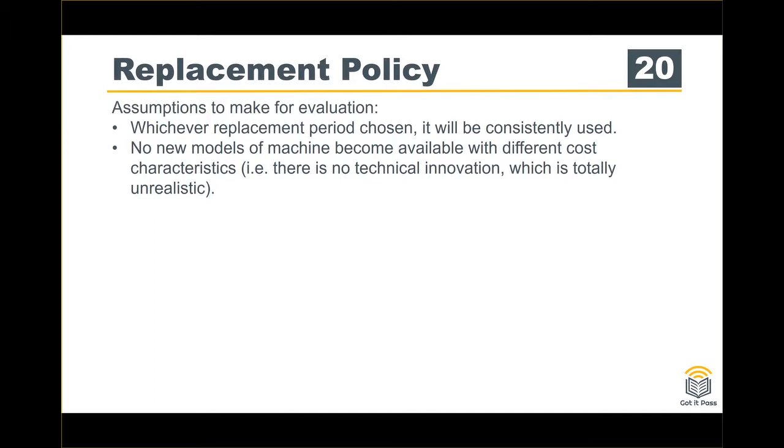I think it is not realistic in the technical innovation era. But okay, just remember it as an assumption.